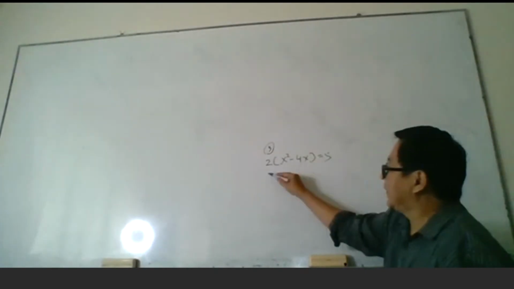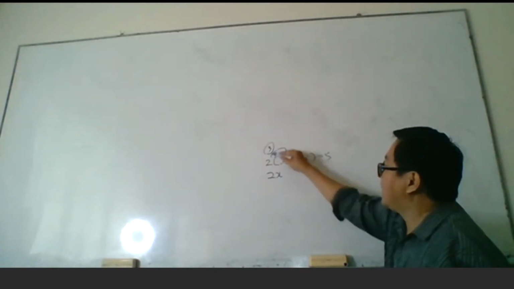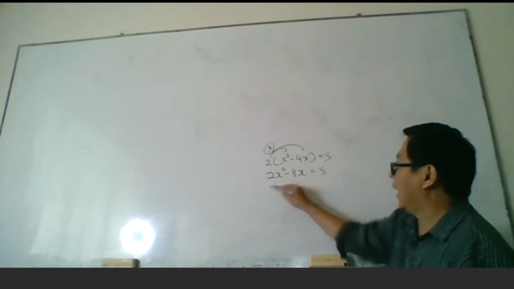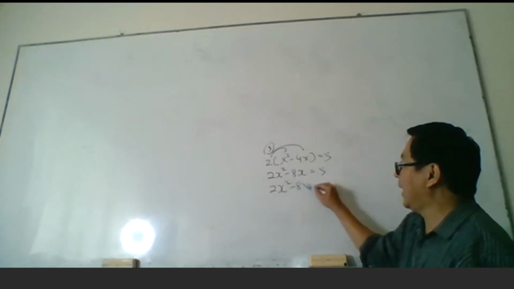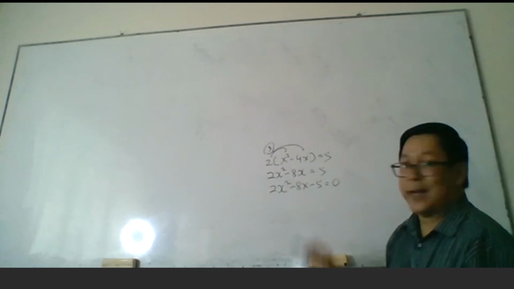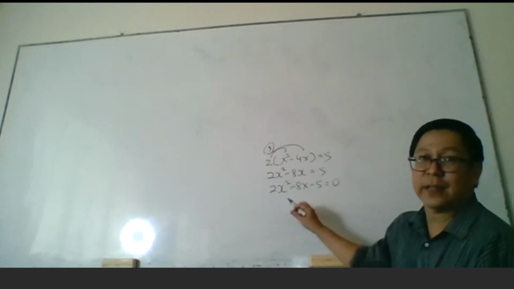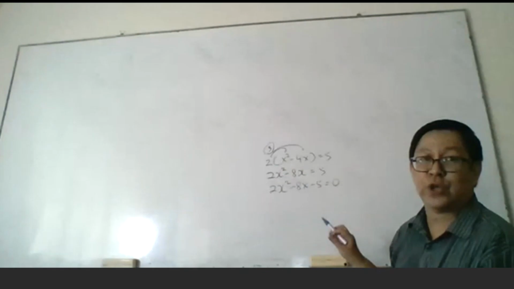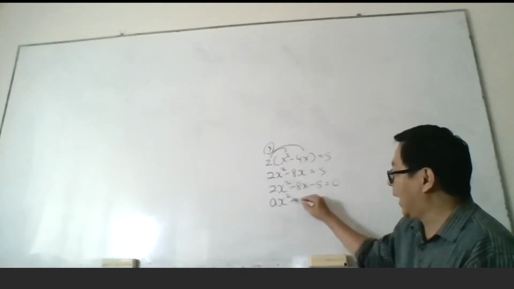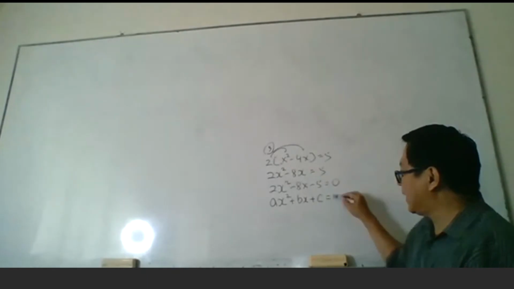The very first step is to multiply the 2 into the bracket, and we get 2x squared minus 8x minus 5 equal to 0. We need to arrange the quadratic equation in general form, ax squared plus bx plus c.